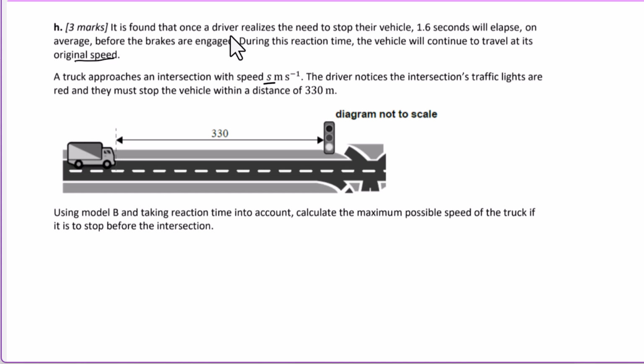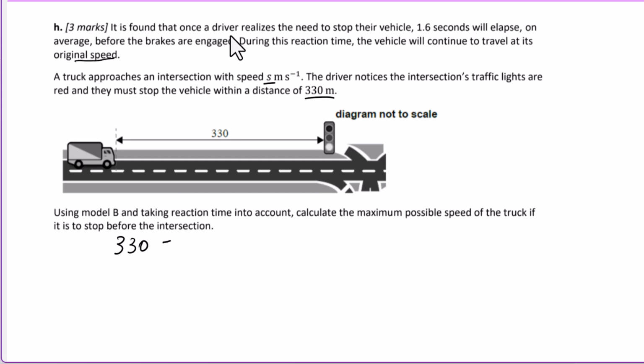The driver notices the intersection's traffic lights are red and they must stop the vehicle within a distance of 330 meters. Using Model B and taking reaction time into account, calculate the maximum possible speed of the truck if it is stopped before the intersection.